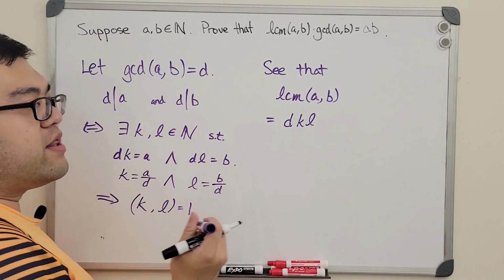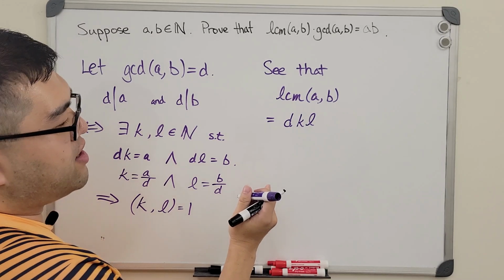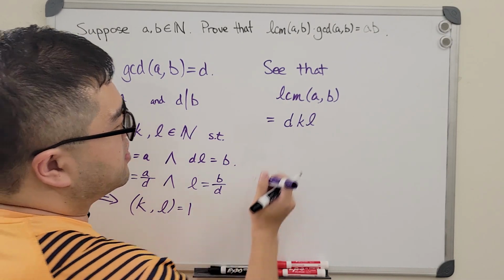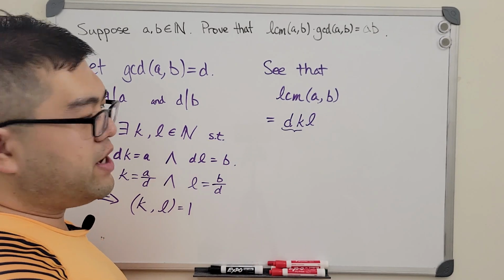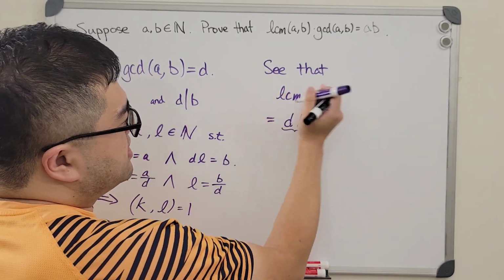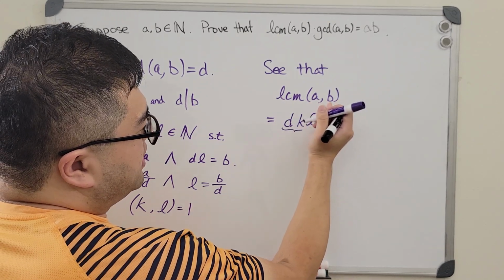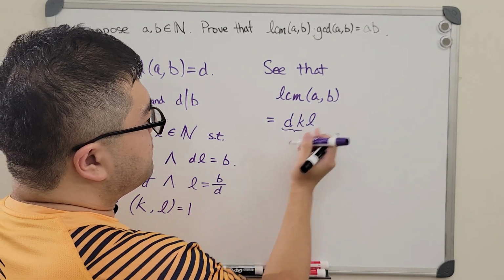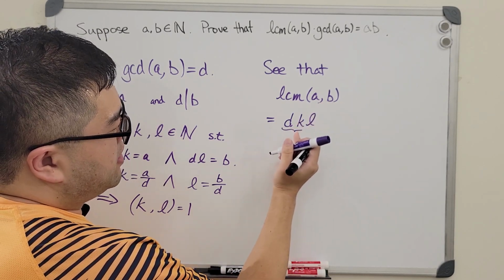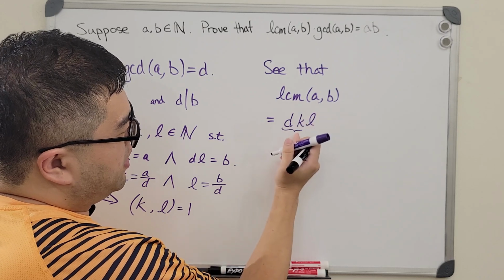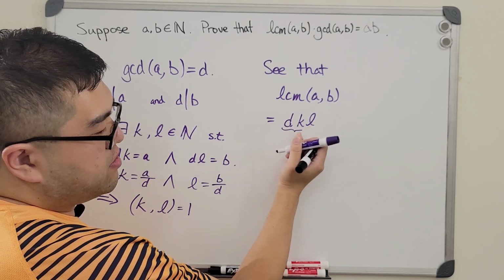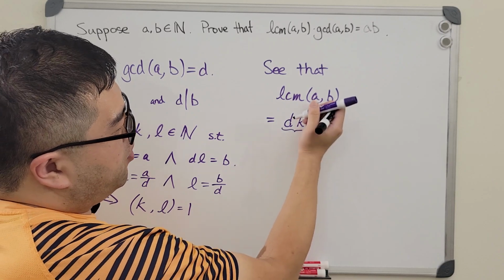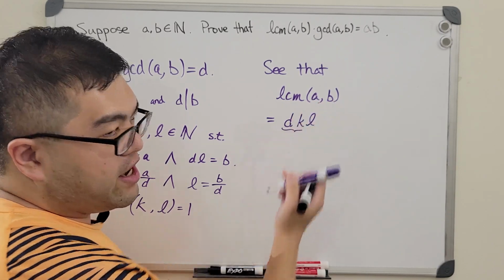And more than that, we cannot find any number smaller than this that is also divisible by A and B at the same time, because DK is equal to A, meaning that A times L is the least common multiple, which is equal to B times K. Since K and L are relatively prime, if we have to make this number divisible by B, it has to be divisible by K first, but L cannot share any common divisor with K. So in order to have this product be divisible by both A and B, we need to put both K and L in it.